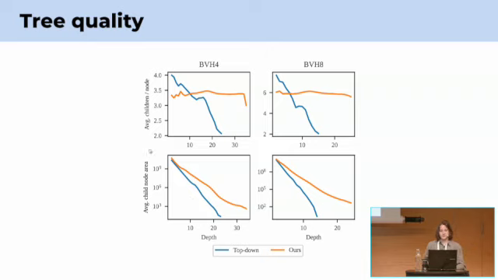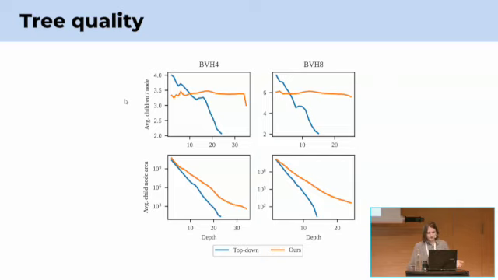So first, what you observe in the first row is that the top-down collapsing produces trees which are very full at the top, and then as we go deeper in the tree, the nodes have fewer and fewer children. While ours, interestingly, gives a constant number of children for every level.